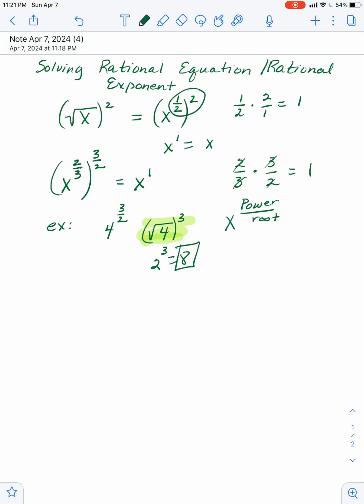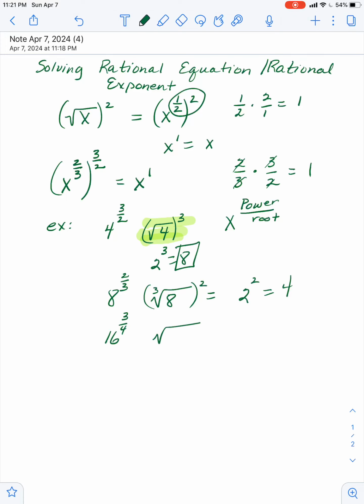How about if I had 8 to the 2/3? That would be the cube root of 8 squared. The cube root of 8 is 2, and 2 squared is 4. How about if I had 16, let's say, to the 3/4?